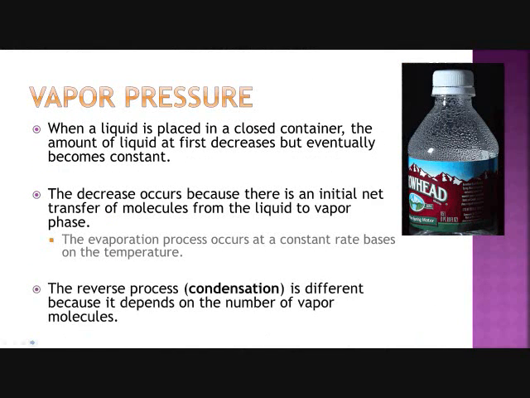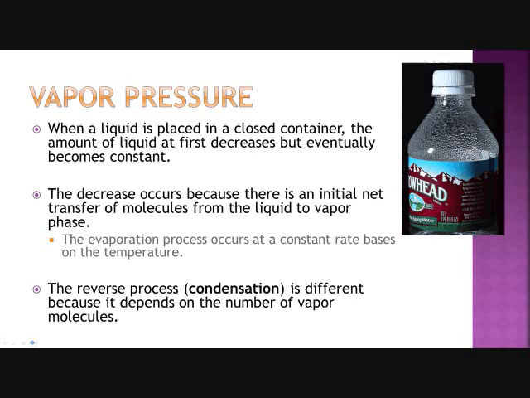Have you guys ever seen a water bottle where there's little beads of water at the top? That's what happens when, even if it's not boiling, you have a closed container, some of the liquid will turn into the gas phase, just spontaneously.